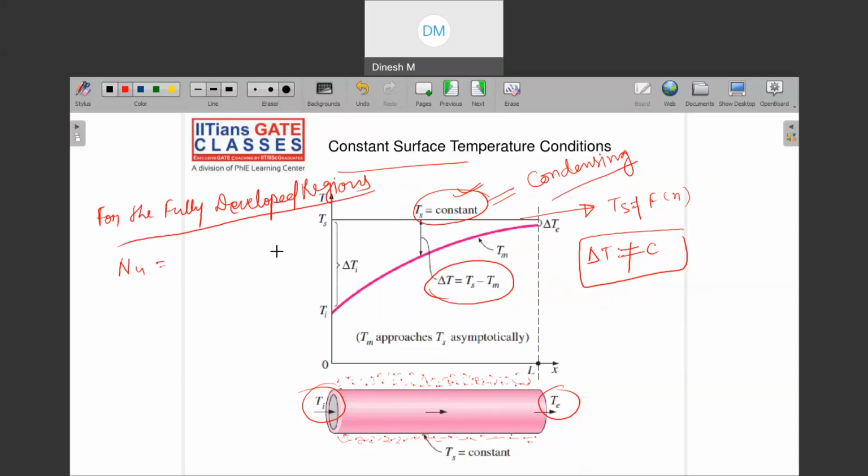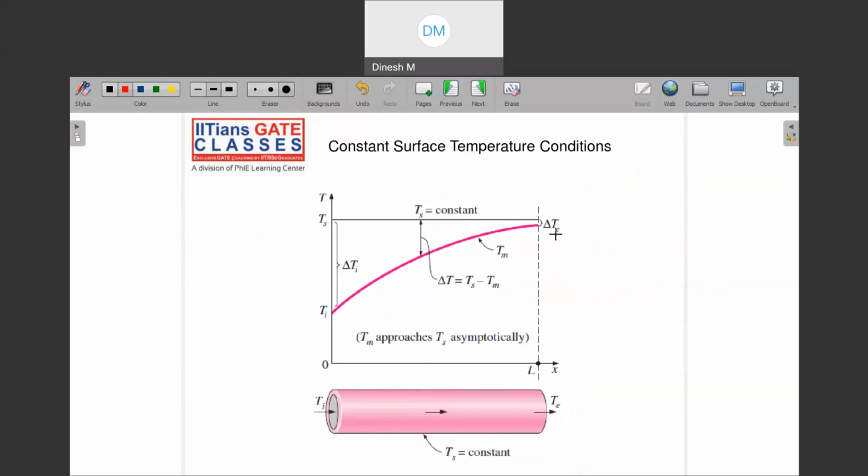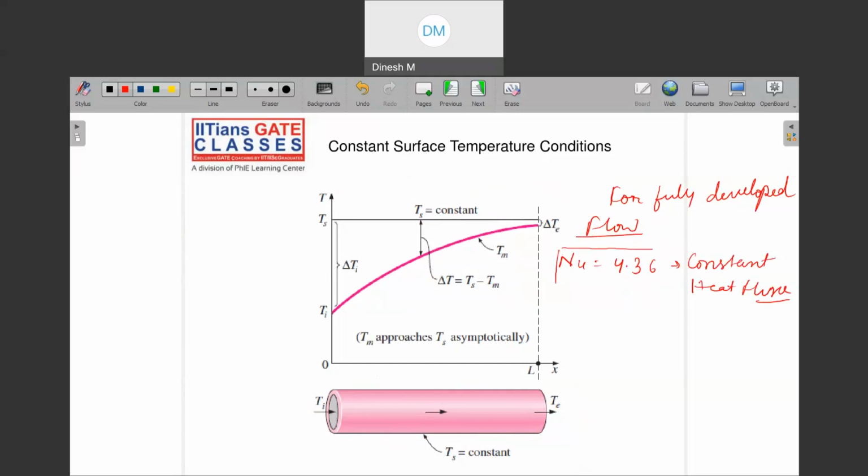So for fully developed flow, your Nusselt number is constant and equal to 4.36 when you are working with dq constant, or constant heat flux conditions. Got the idea? We should remember this fact. Sometimes they directly ask what the Nusselt number is in case of constant heat flux condition.